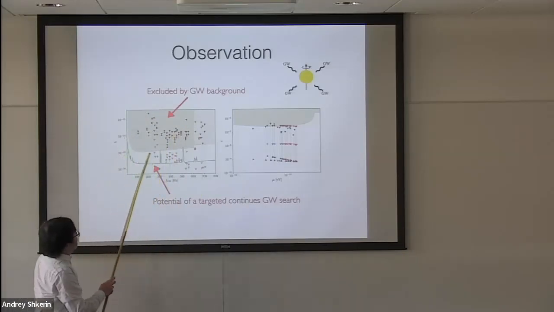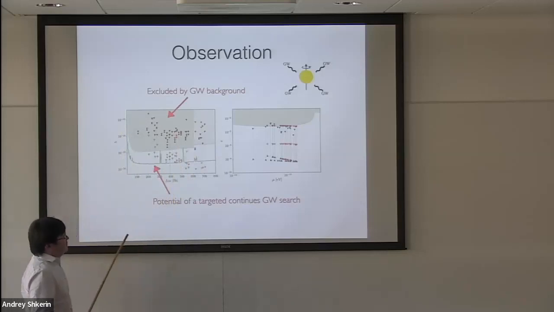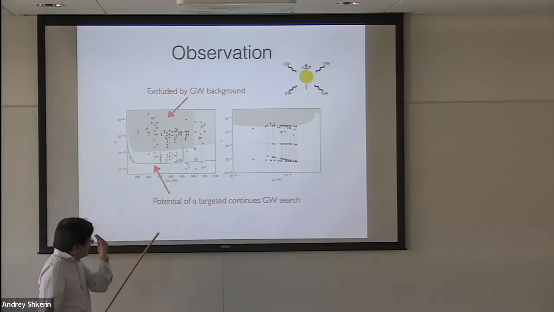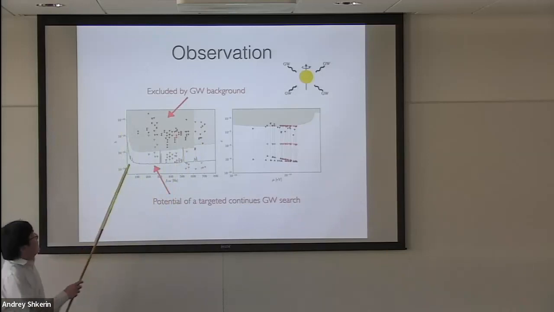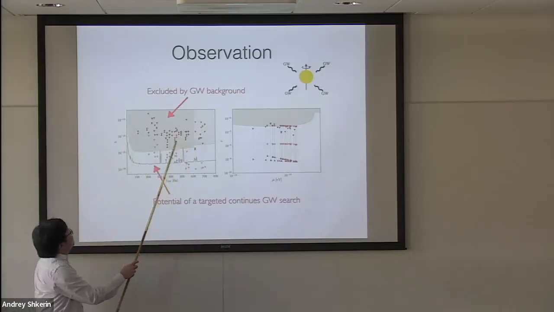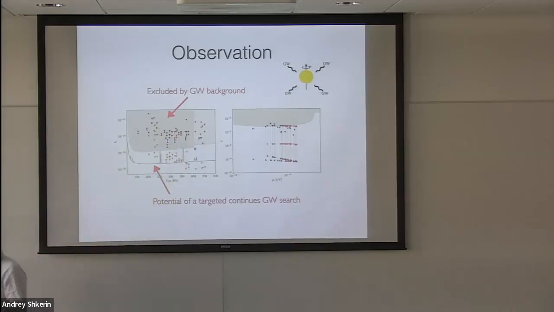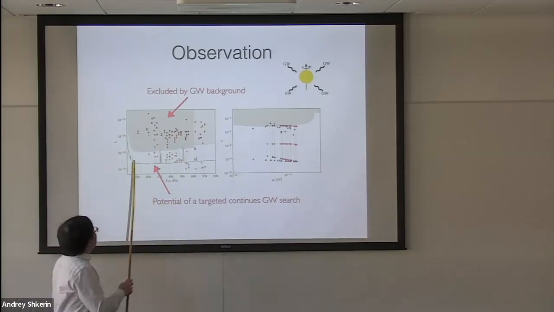The gray shaded region is the region that is already excluded by a stochastic gravitational wave search. If it is above this band, then these black holes would have been emitting too much and would already be excluded by data.